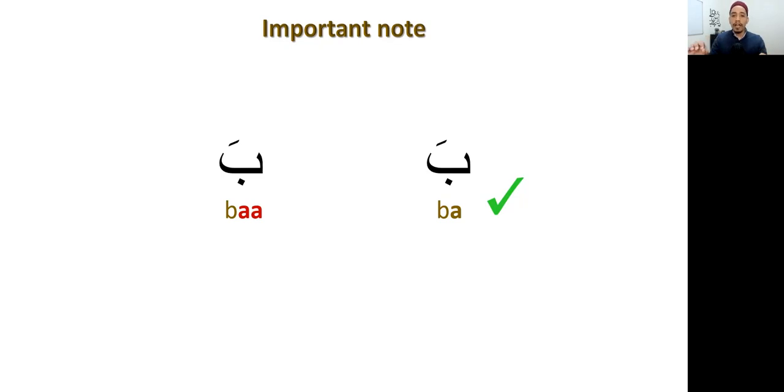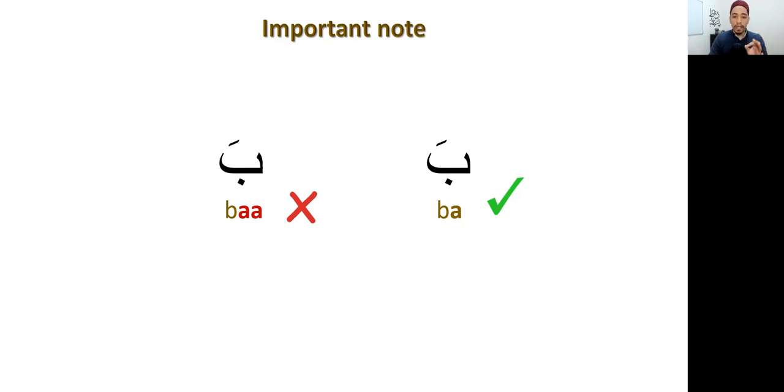I went from ba to ba, just a little extended. It's actually incorrect, because what you've actually done is add a mad. You added an alif mad. So the point is, when you see a short vowel, try to read it short. If you don't see an alif, no extension, try to be conscious of reading it short.